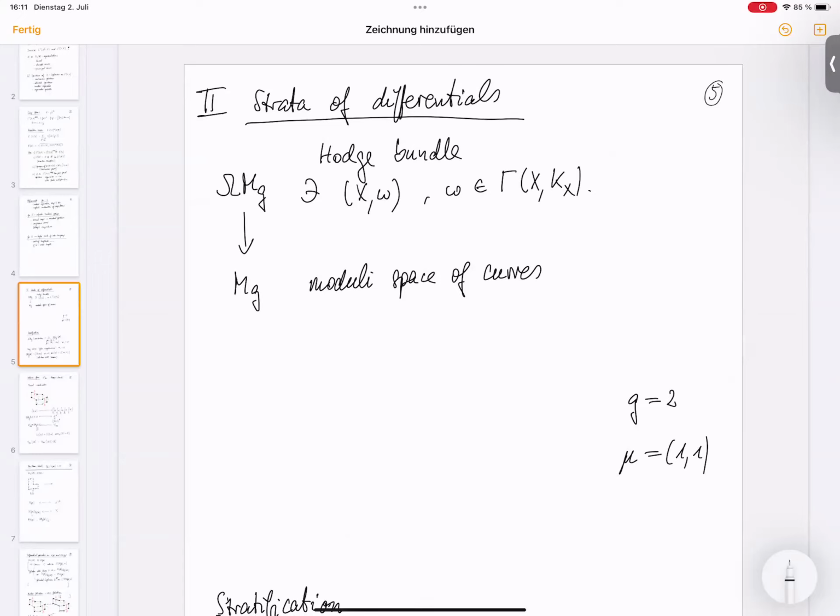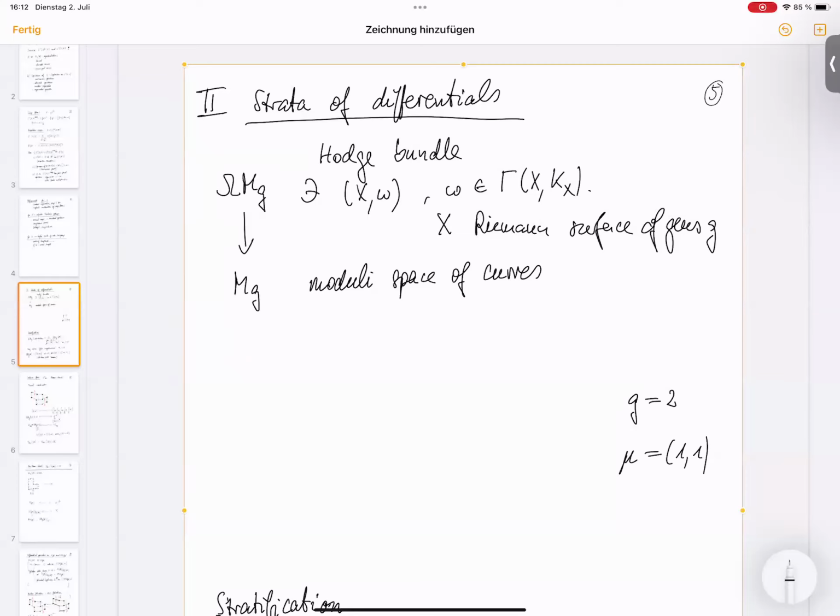The total space of the Hodge bundle is a space of points consisting of a Riemann surface X of genus g together with a section of the canonical bundle, together with a holomorphic one-form that I usually call omega. And the good thing about that space is that points in that space can be visualized very easily, very, very visual.